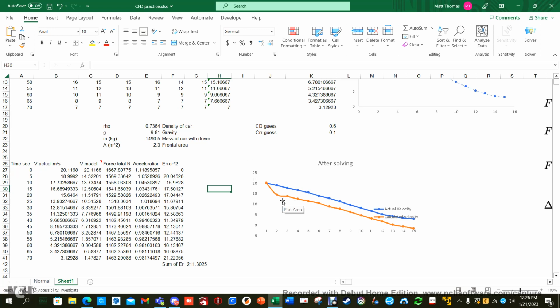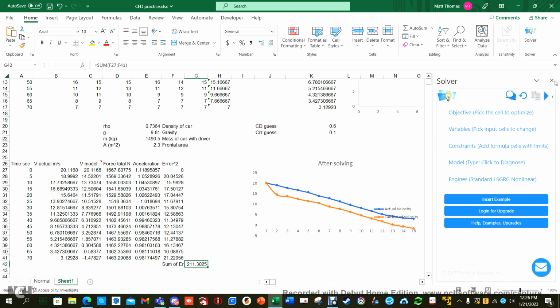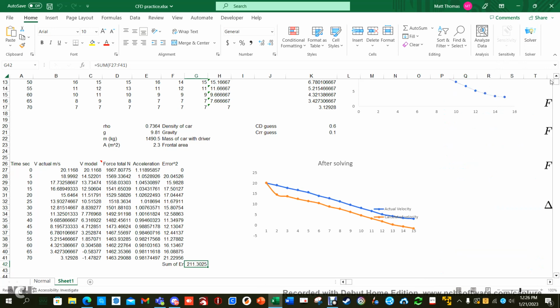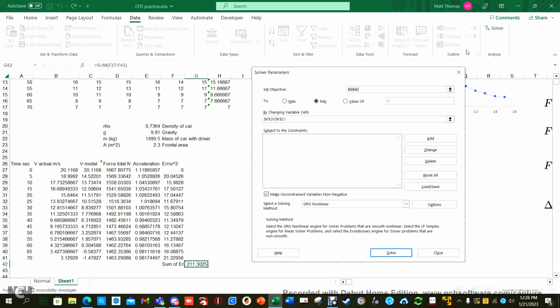But there's definitely error. So now our goal is to minimize that error by minimizing the value of CD and CR. So you're going to click on error, you're going to hit solver. I lied. That's the wrong one. You need to go to data and then solver.